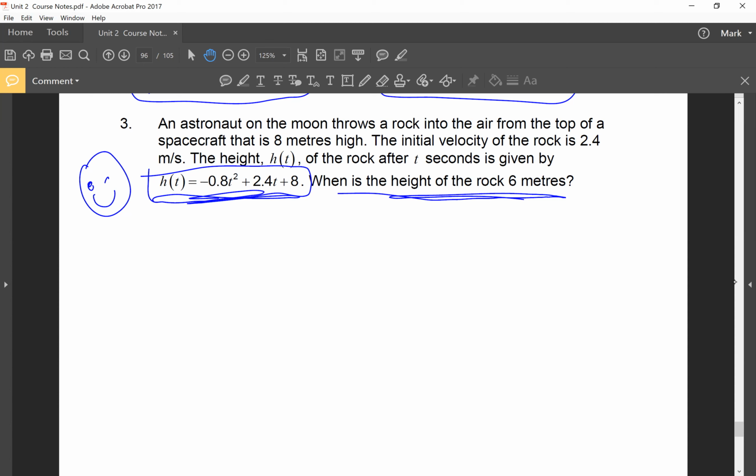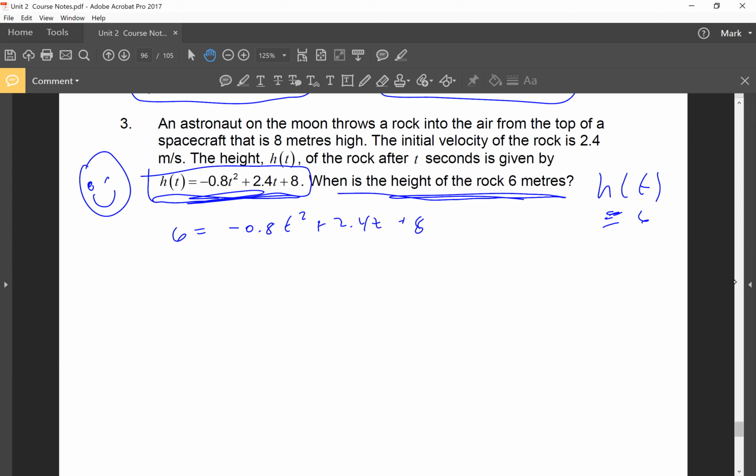So height, h(t), is 6. So what I'm going to do is put in 6 for h(t). So 6 equals negative 0.8 t squared plus 2.4 t plus 8.